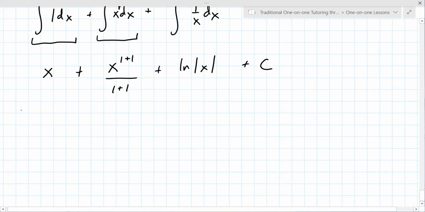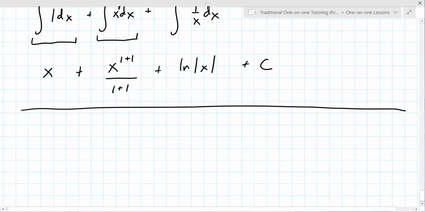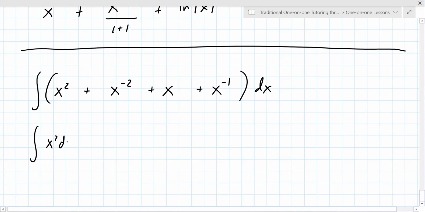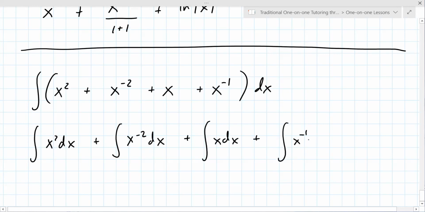So let's do another one here. Let's say it's integral x squared plus x to the minus 2 plus x plus x to the minus 1 dx. So this is integral x squared dx plus integral x to the minus 2 dx plus integral x dx plus integral x to the minus 1 dx.